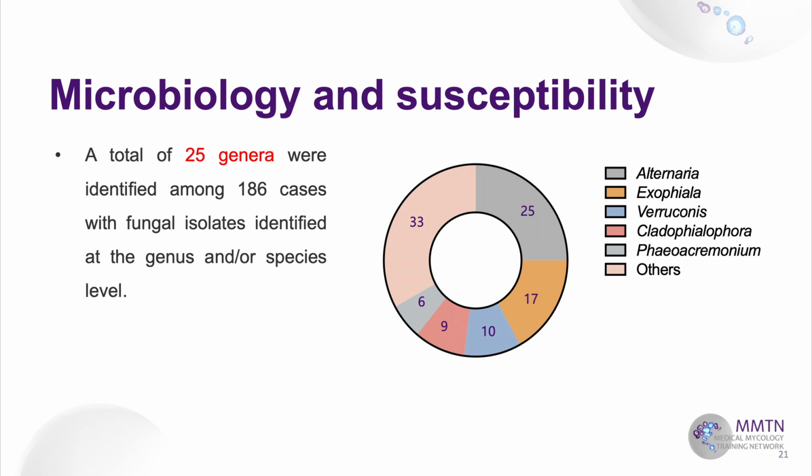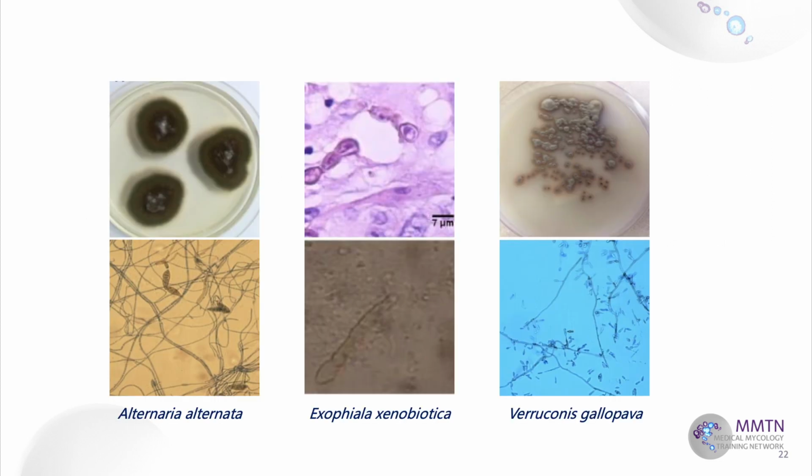The most commonly isolated pathogen was Alternaria species, followed by Exophiala, Varroconis, Cladophialophora, Phaeoacremonium, and others. Here are some pictures showing Alternaria alternata, Exophiala, and Varroconis gallopava.